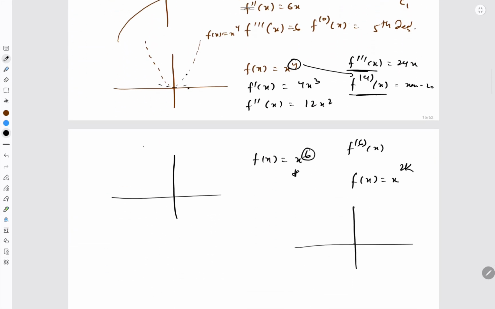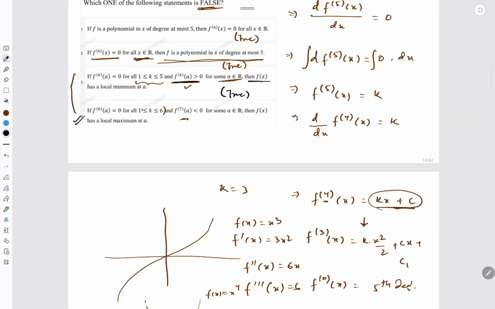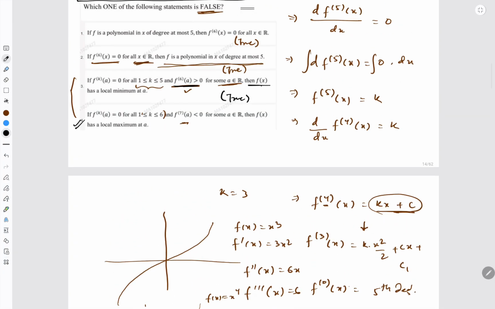You have only shown it for one such function, x raised to the power 6 or a parabolic type of function, not for all functions. Then how can you mark it as true? That is a very good question.